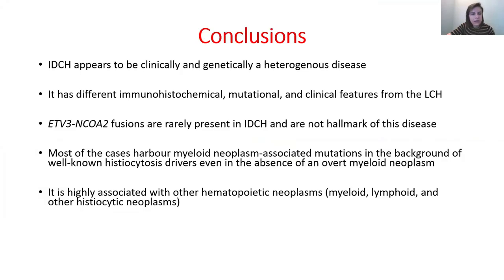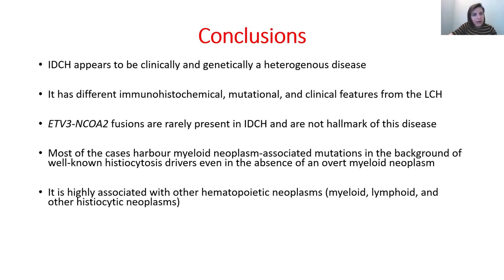So in conclusion, IDCH appears to be a clinically and genetically heterogeneous disease. It has different immunohistochemical, mutational, and clinical features from the LCH. ETV3 and COA2 fusions are rarely present in IDCH, and it's obviously not a genetic hallmark of this disease.